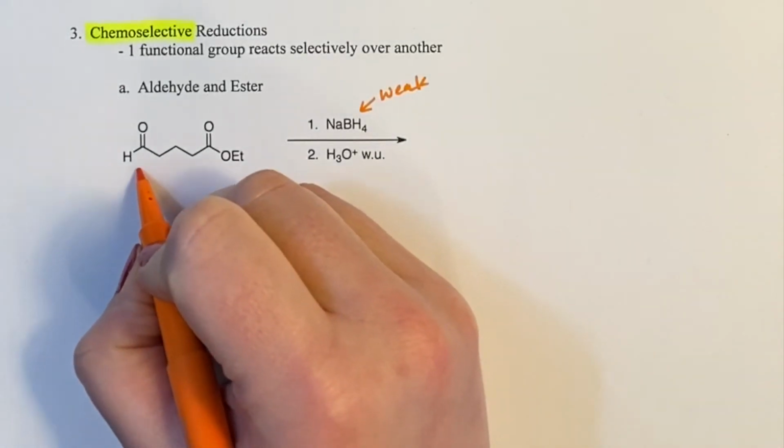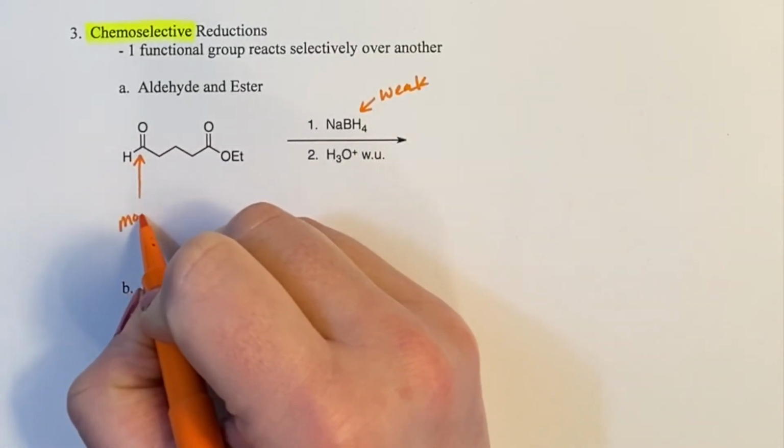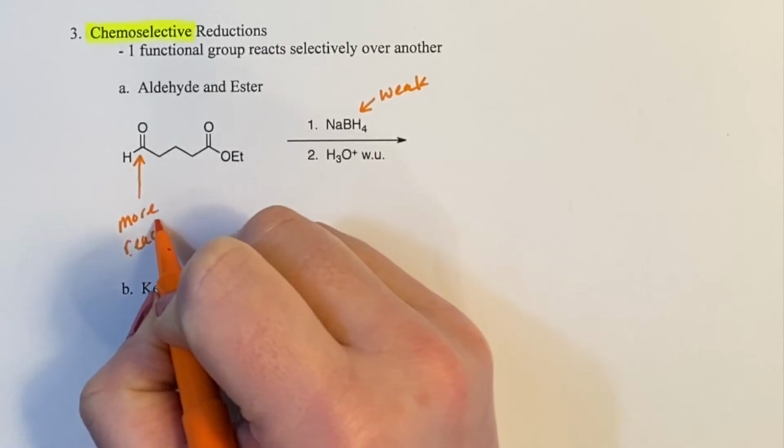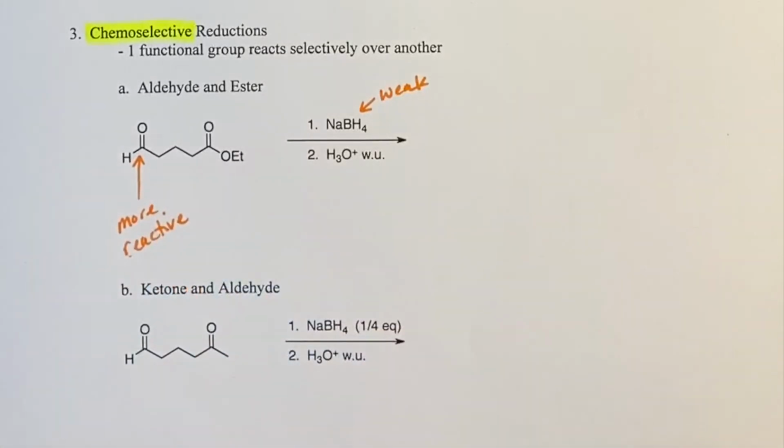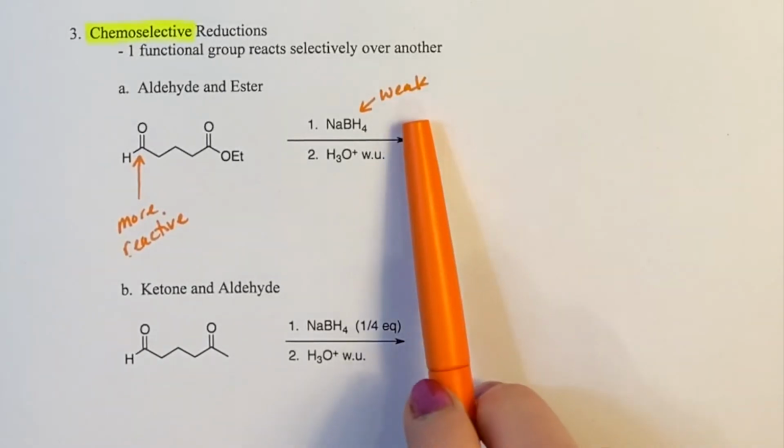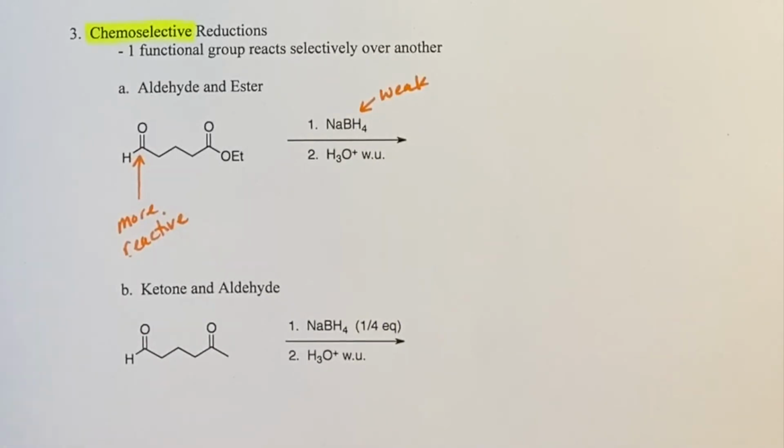And I know that my aldehydes are more reactive than my esters. And when I think back to the reductions of aldehydes and esters, I know that sodium borohydride reacted with an aldehyde and did not react with the ester. So it's a weak reducing agent and it does not react with the ester.